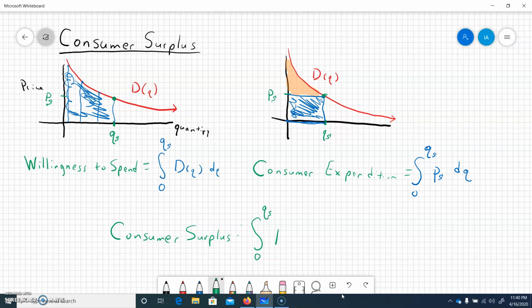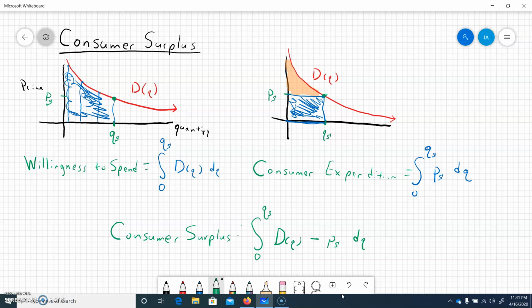So we would have that as the area under D, which would go all the way to the bottom, which was the willingness to spend. But then we'd have to subtract off what this consumer actually paid, the expenditure. So that would be integrated in terms of Q. So if we took the red curve and subtracted the blue line, that would give me the shaded region.